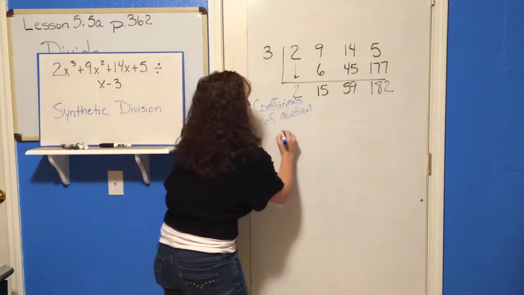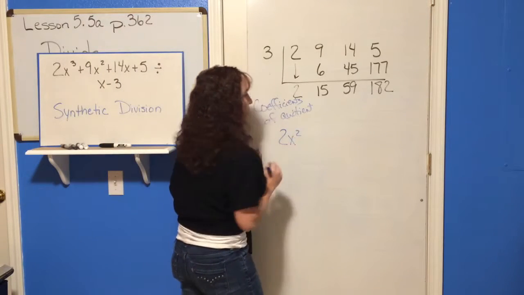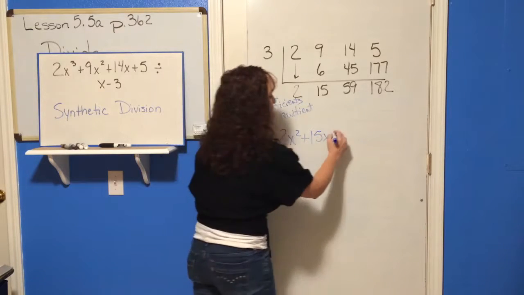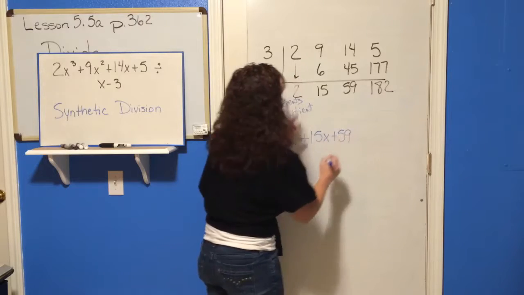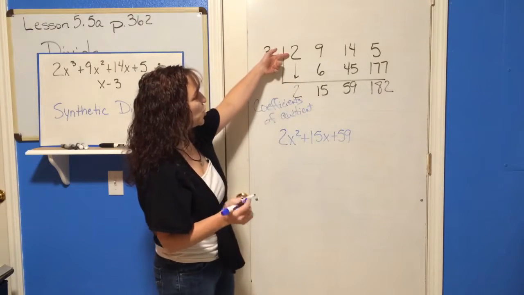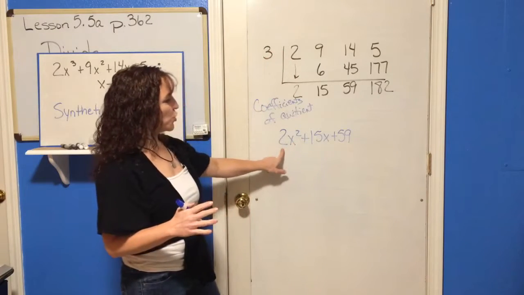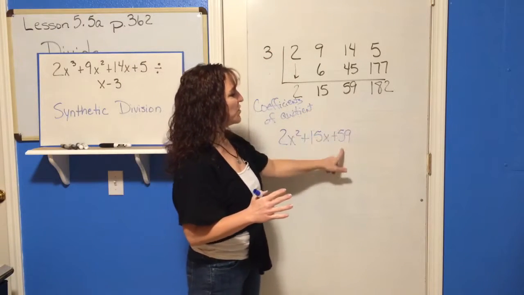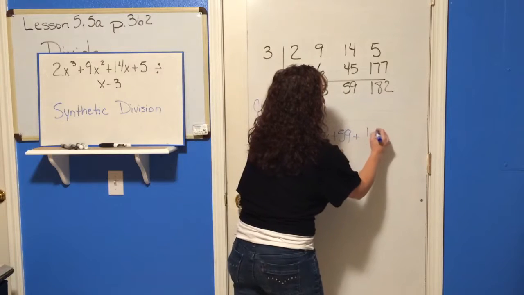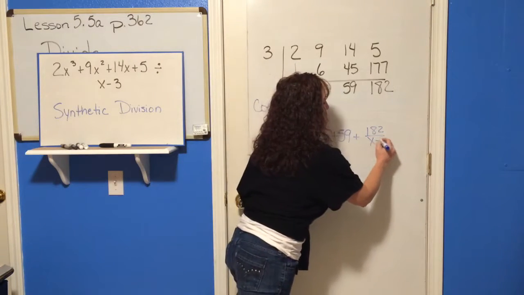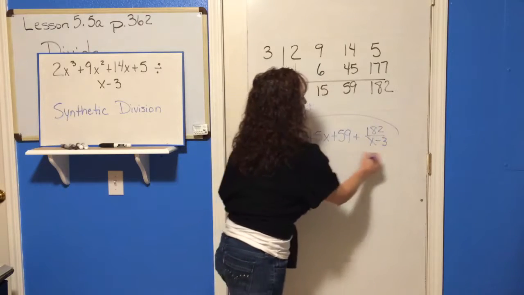So we start out with 2x squared plus 15x plus 59. So do you see where these came from? This was an x cubed, so we're going to be 1 degree less than that when we begin. So 2x squared plus 15x plus 59 plus 182 over x minus 3. And that is synthetic division.